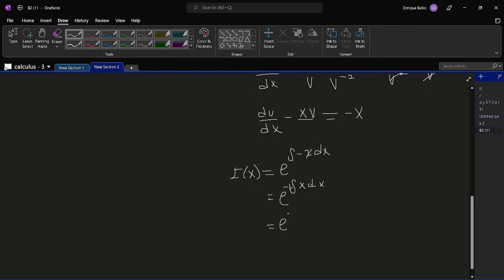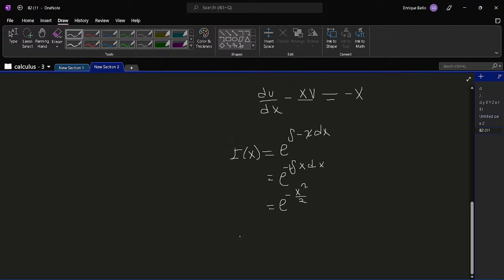Yeah, so it's gonna be minus x squared over 2, and then y is gonna be equal to 1 over e to the minus x squared over 2.